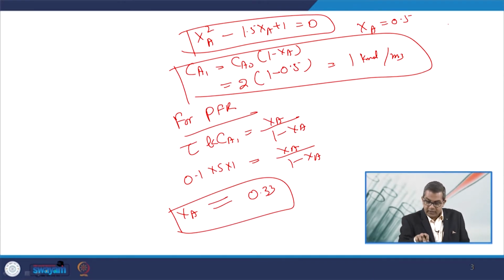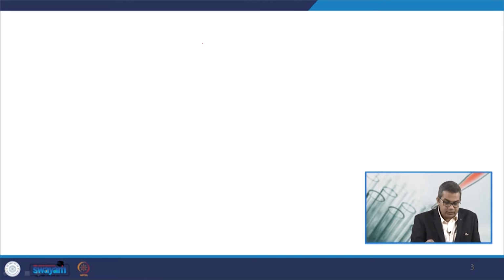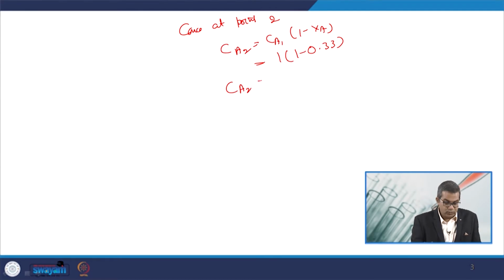So how we can calculate that, we will deal in this point, the concentration at point 2. So Ca2 is equal to Ca1 (1 minus Xa), that is 1 into (1 minus 0.33), and that Ca2 is equal to 0.67.